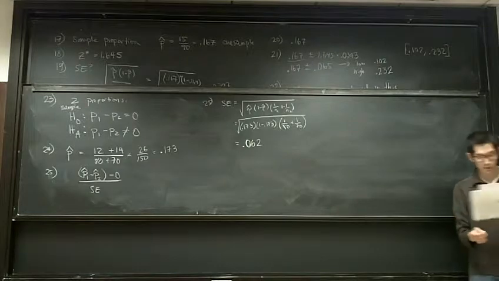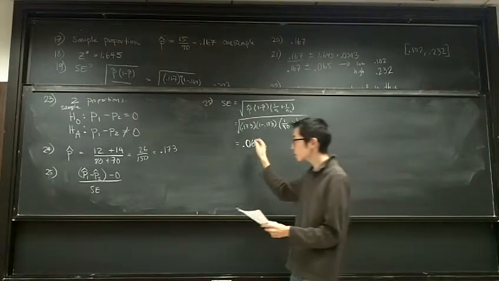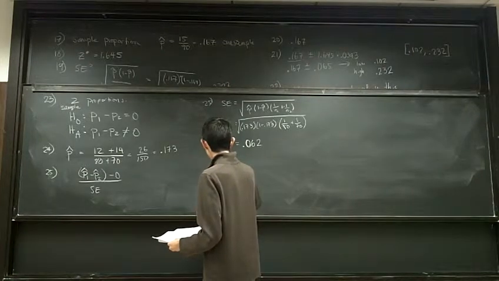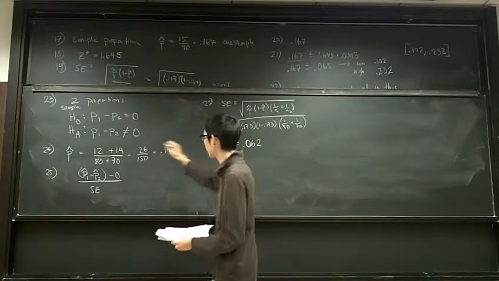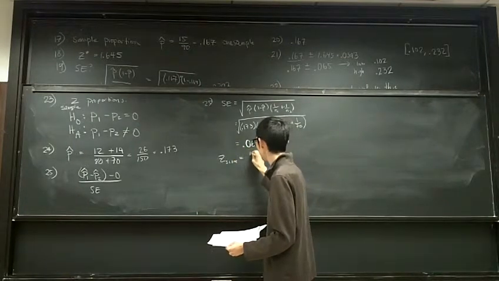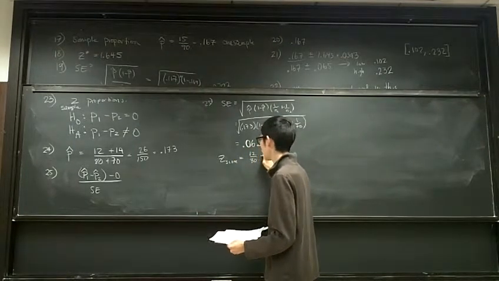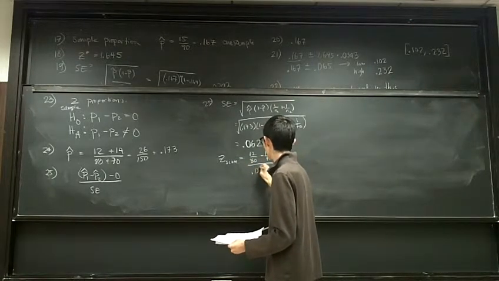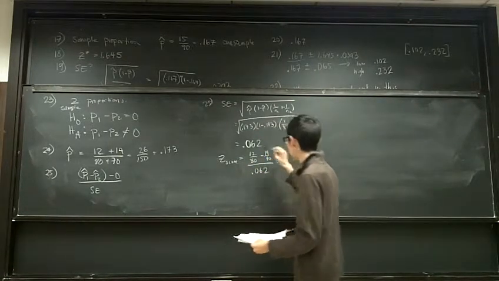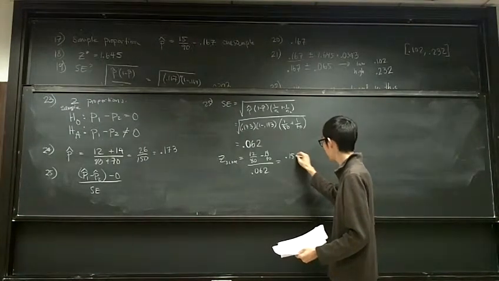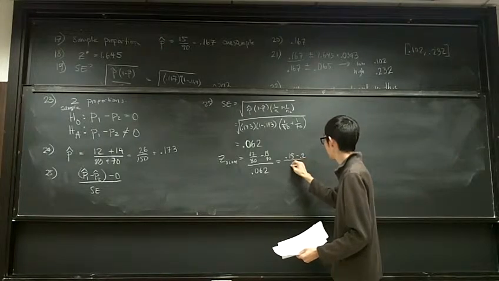So this is the standard error. We're not done. Our test statistic is a z-score. It's going to be P1, which is 12 over 80, minus 14 over 70, divided by 0.062. 12 over 80 is 0.15, minus 14 over 70, which is 0.2.